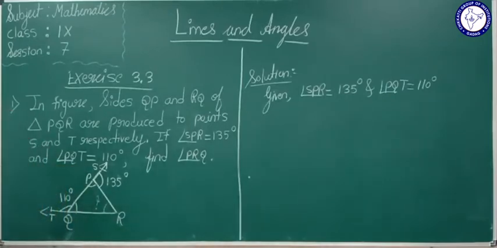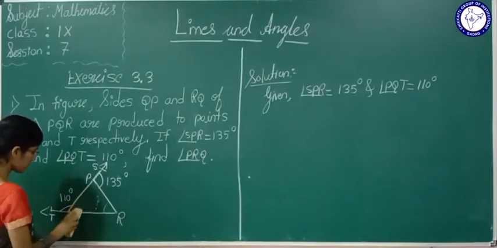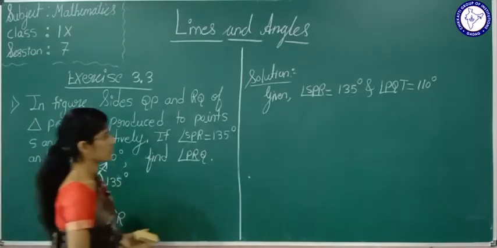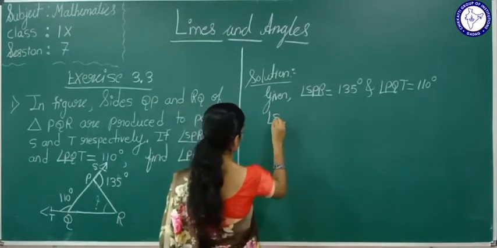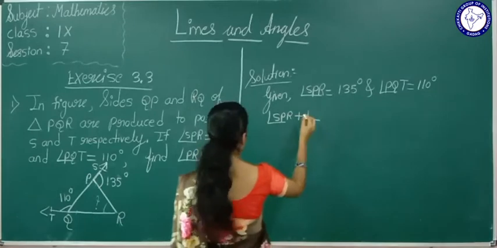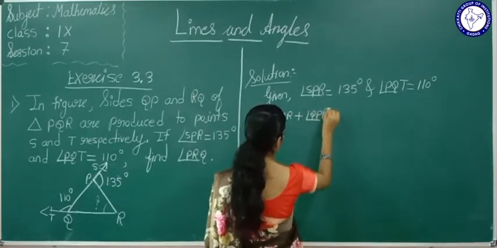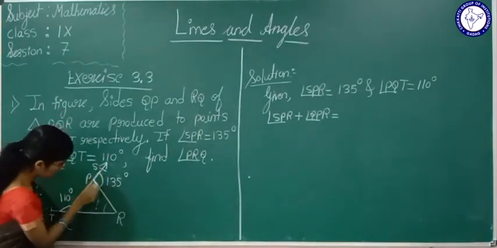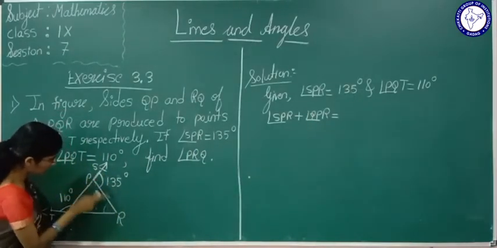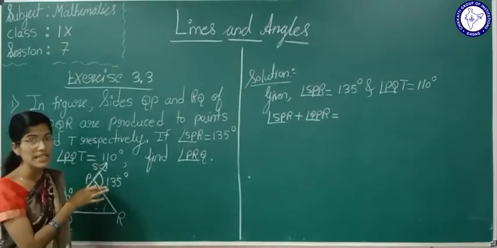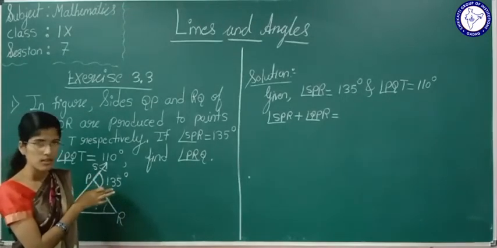Okay. Now see here. Observe here. Angle SPR, you only tell the answer for this. Angle SPR plus angle QPR is equal to what? Angle SPR plus angle QPR will form 180 degree because of linear pair.